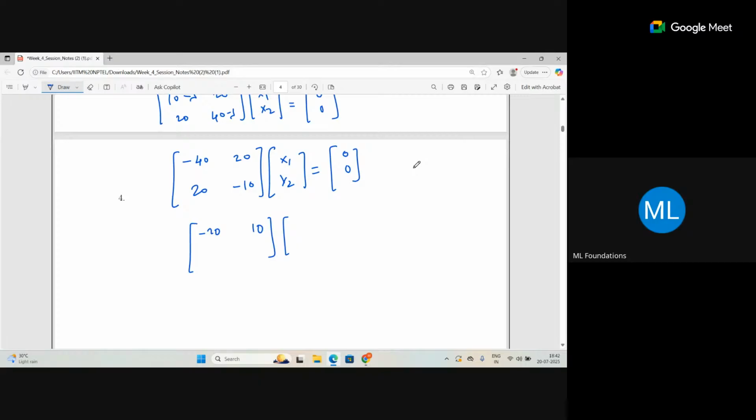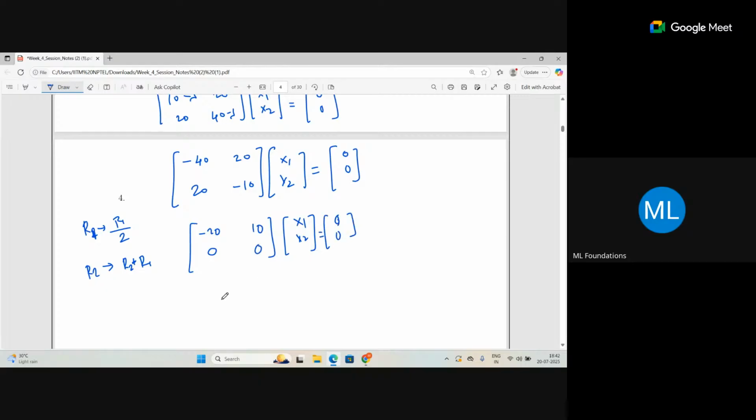So this row operation I am doing, R1 changes to R1 divided by 2, and x1, x2 stay as they are. The next row operation is R2 changes to R2 plus R1. In that case it will be 0 here and 0 here, equal to 0, 0.